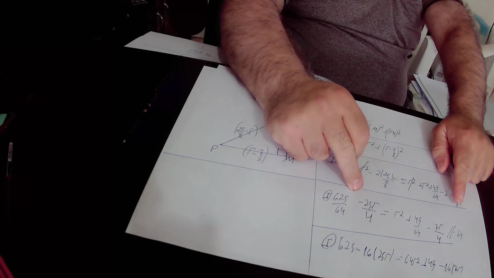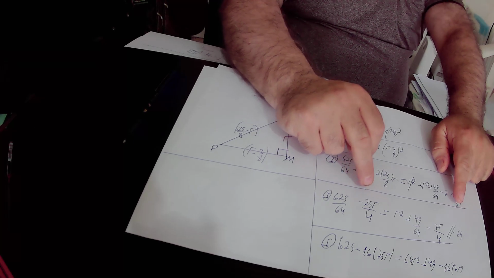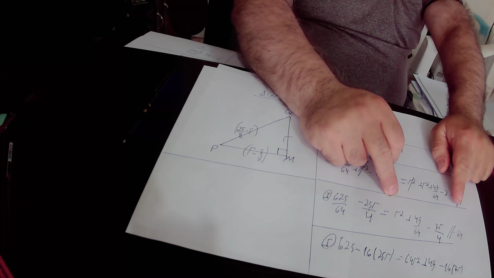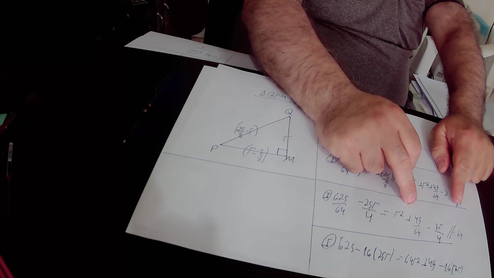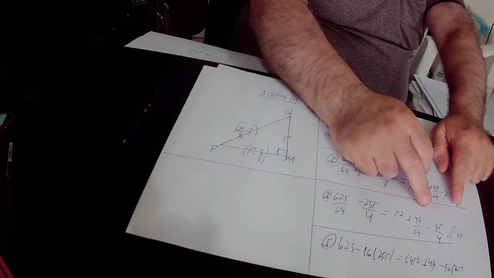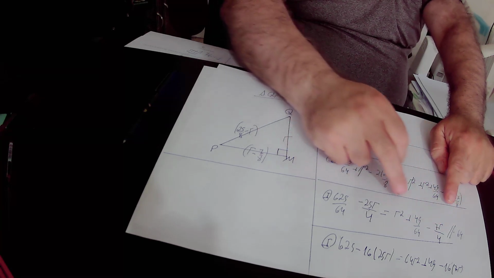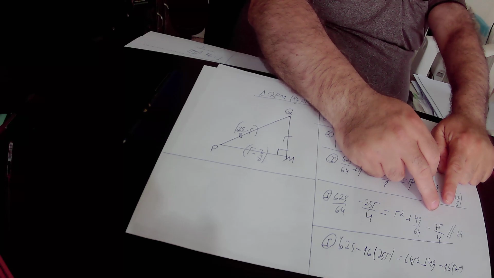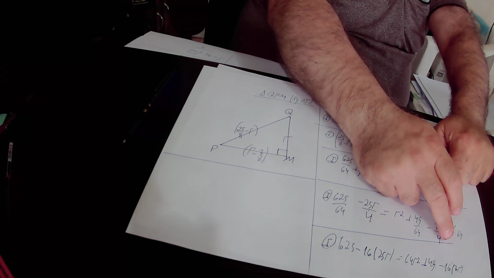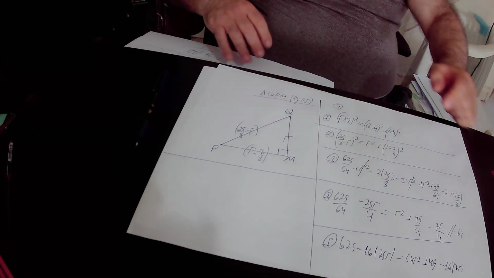So this expression, after we multiply it by 64, is equal in total to minus 16 times 25r, and we have here r squared times 64 is 64r squared. 49 times 64 over 64 is 49, and here we have minus 7r over 4 times 64, it is actually minus 64 over 4, that is minus 16 times 7r. So this expression in total, after we multiply it by 64, is equal to minus 16 times 7r. Okay?